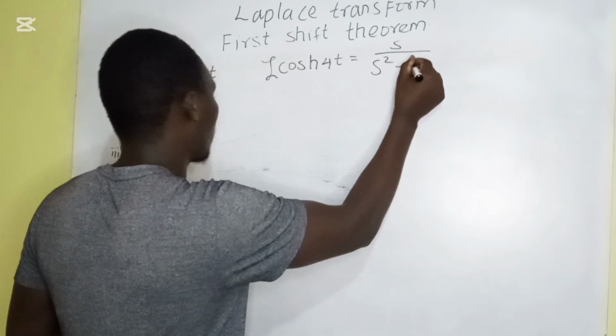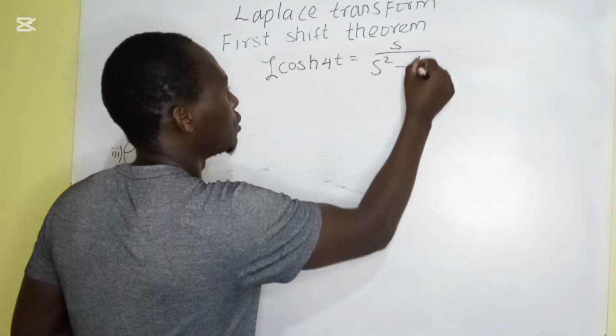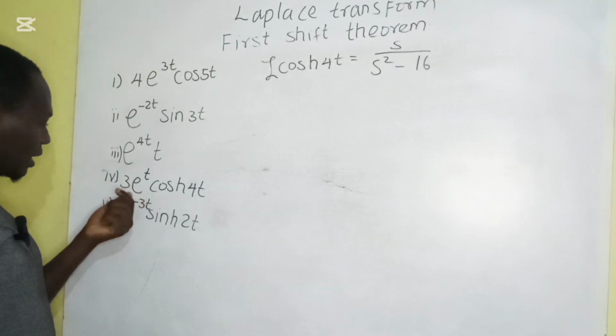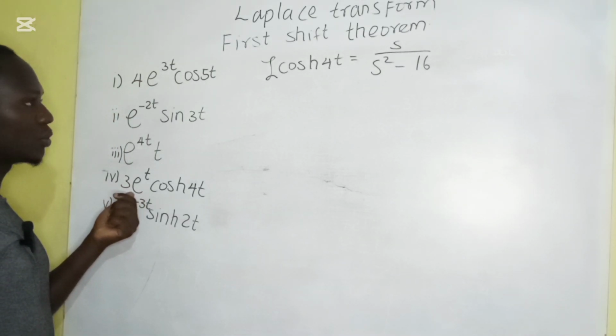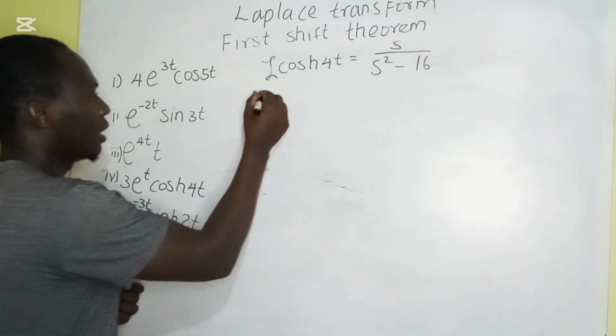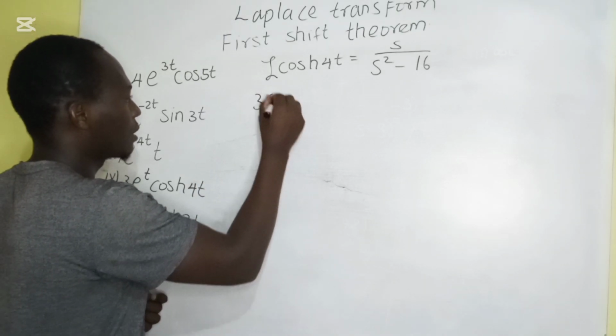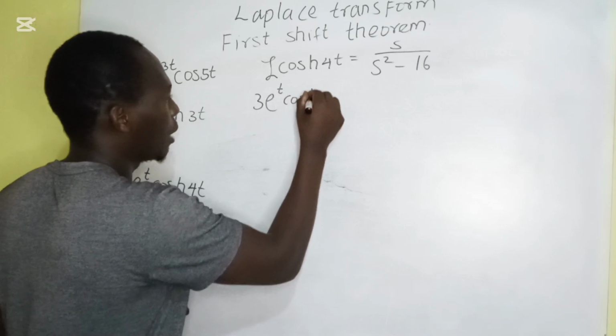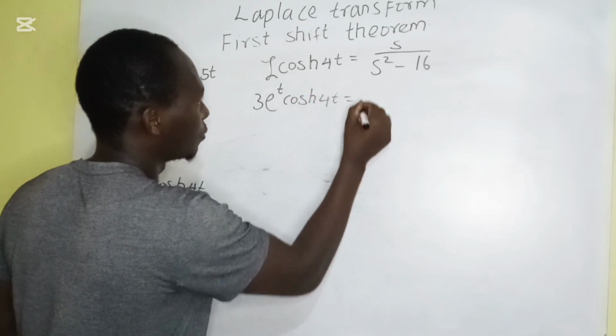We subtract 16 because it is going to be s squared. Let us now carry out our shifting with respect to the exponential here. It is 3 exponential t cos hyperbolic 4t.